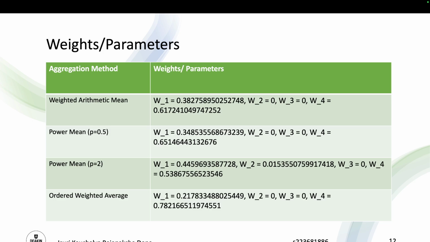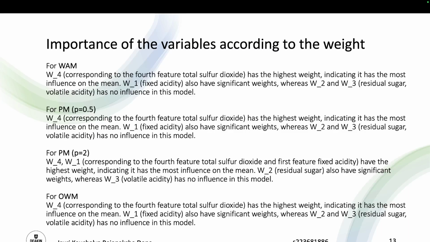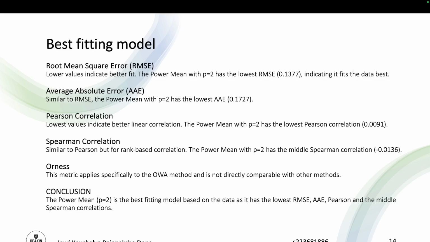Higher weight means greater influence on the aggregation score. Interpreting that for my four-variable subset, free SO2 and fixed acidity matter most in how the aggregator reproduces the transformed quality, while volatile acidity contributes moderately. Residual sugar adds little signal once transformed. This aligns with the weak raw correlations and the need for nonlinear smoothing via the power mean.